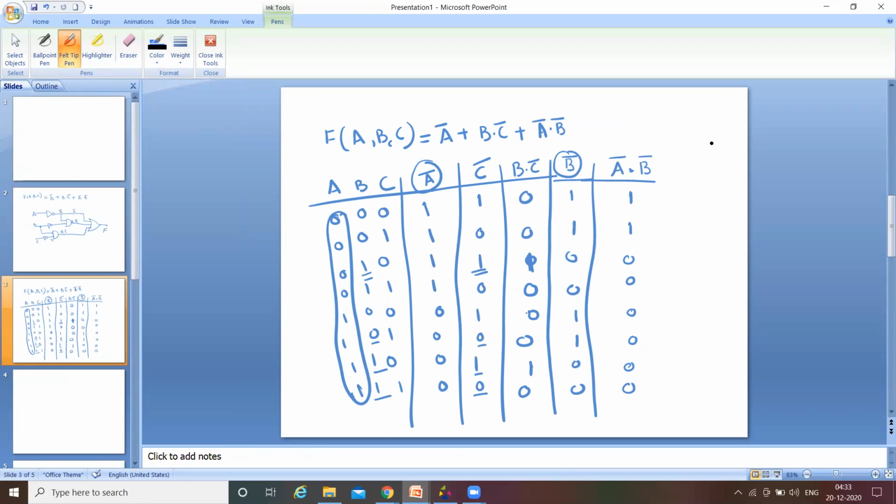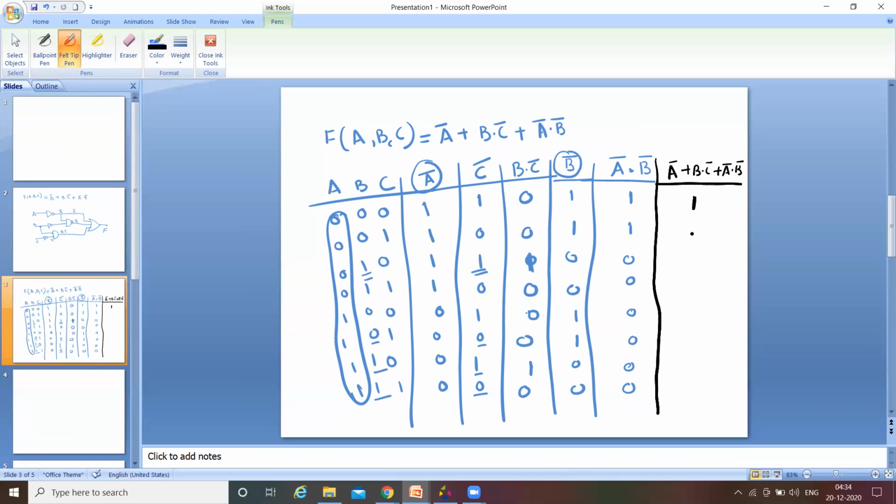Now see here, this total plus operation: A complement plus B dot C bar plus A bar dot B bar. Wherever any one of the terms is 1, the output of the OR operation will become 1.